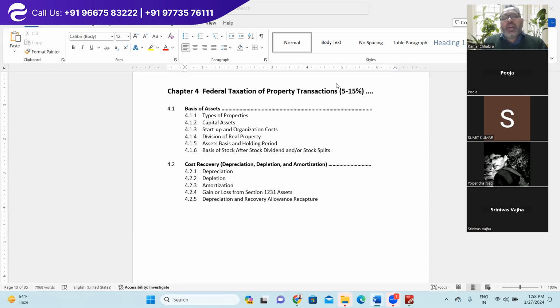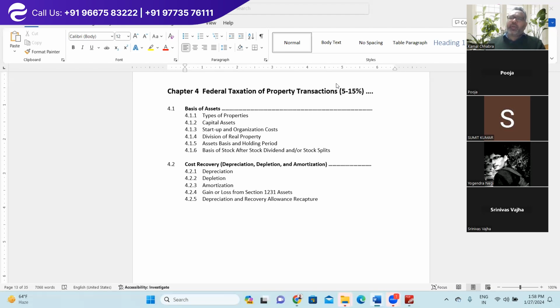This section 1231, which is 4.2.4 and 4.2.5, we'll be studying together, because these two topics are interrelated and interconnected with each other, right? I have already shared the notes with you, but I know today time is over, we are not able to capture it, but in next class we'll be starting with this. So I think this is all about today's class.